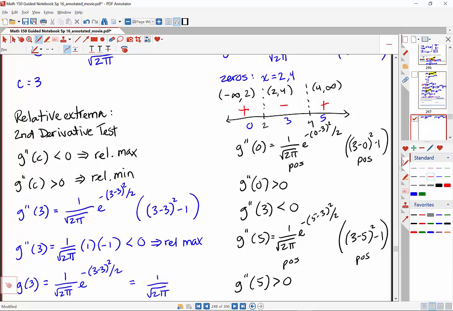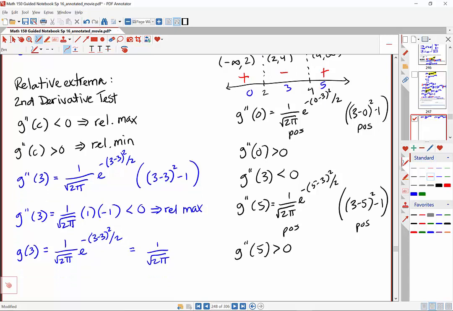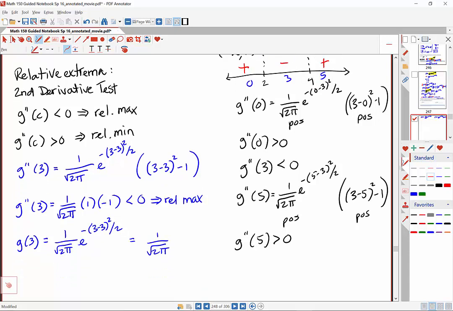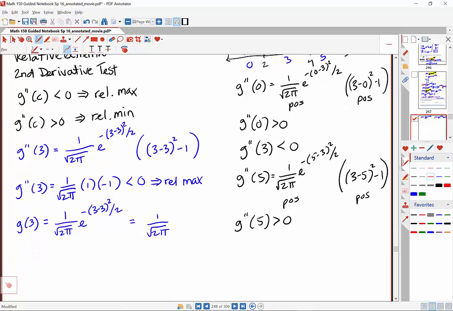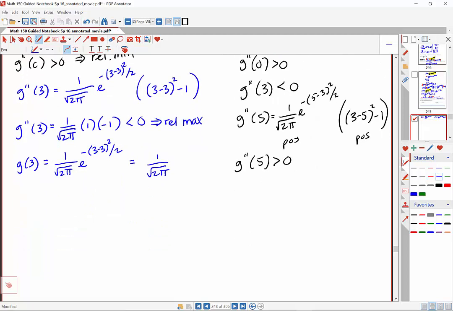And so now there is a change in concavity at both 2 and 4. So we've got to find the outputs, right? So basically what we have is we got to find G at 2.